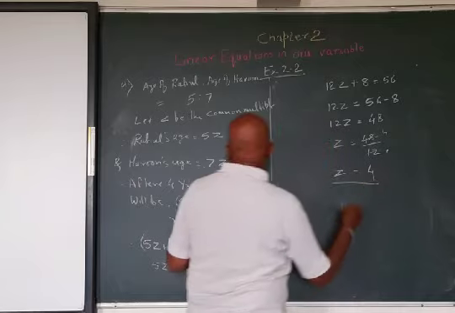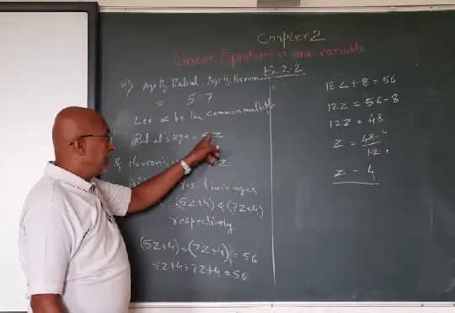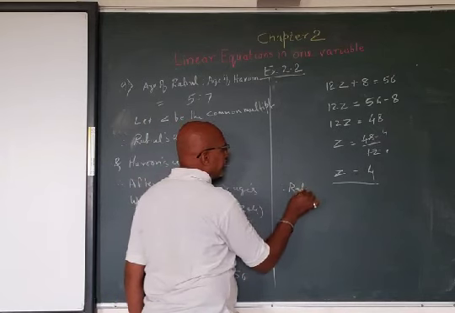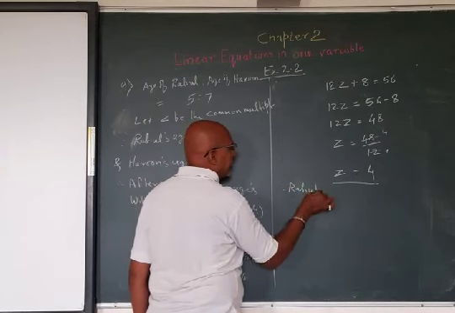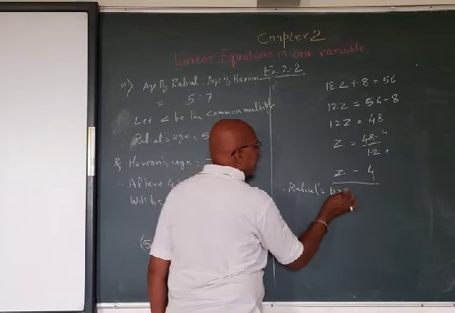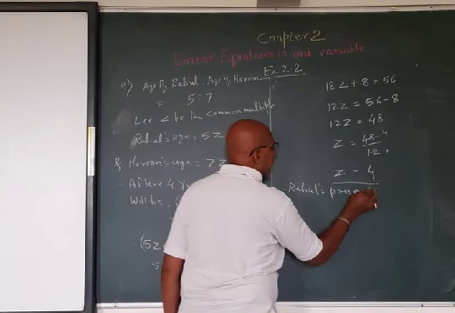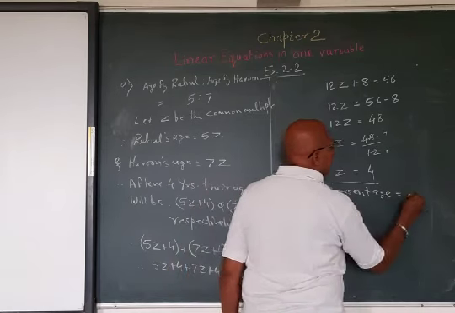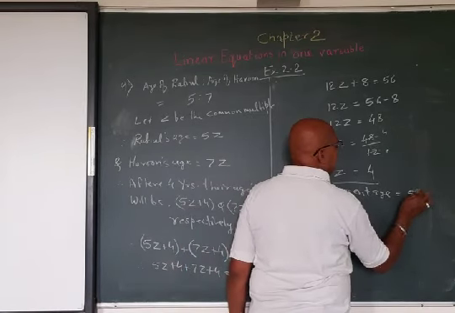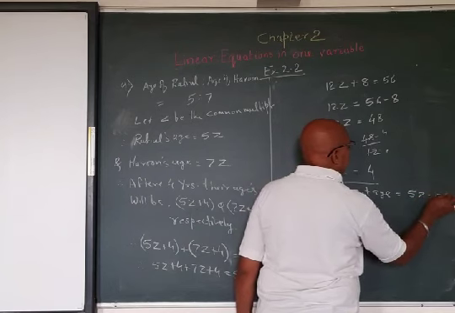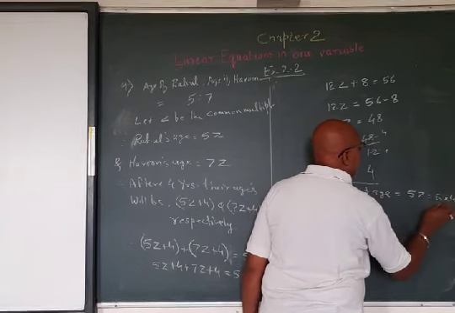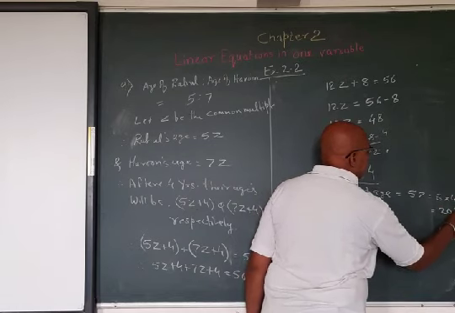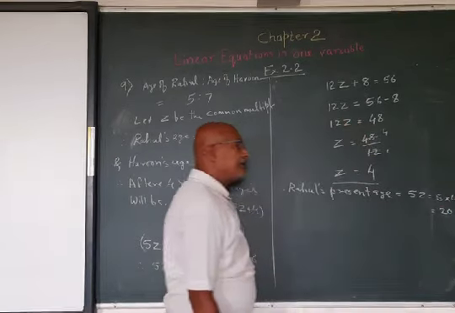Now this Z you have to put here. Therefore Rahul's present age equal to 5Z equal to 5 into 4 equal to 20 years. Don't forget to write years.